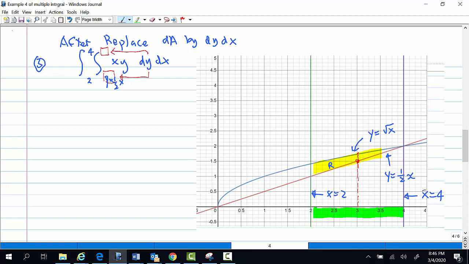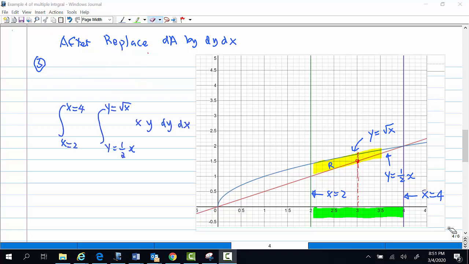This is y equal to square root of x. So the upper limit is y equal to square root of x. So I am going to rewrite the integral: x from 2 to 4, then y from half x to square root of x, integrate xy dy dx.